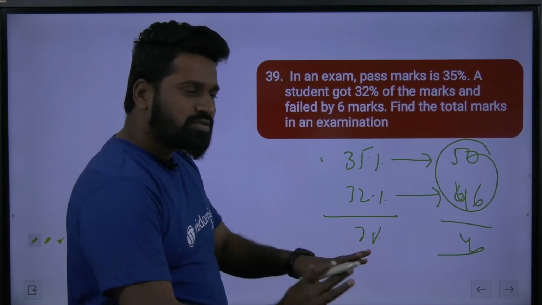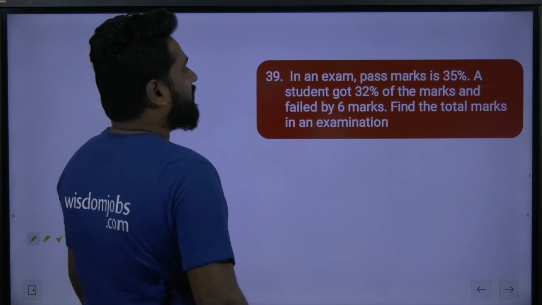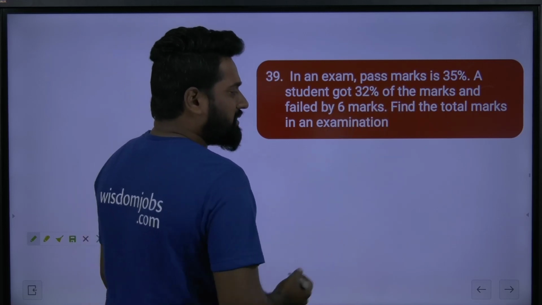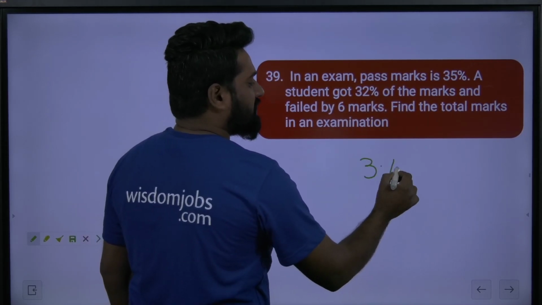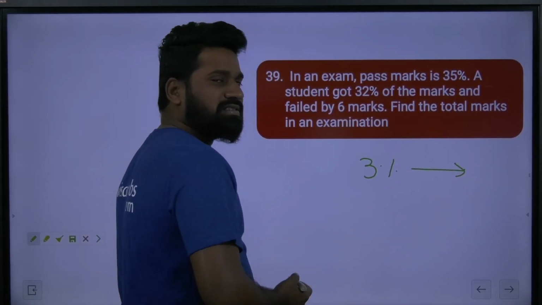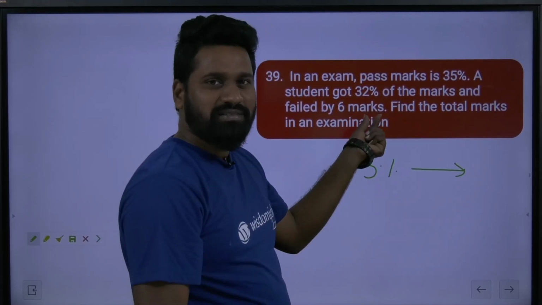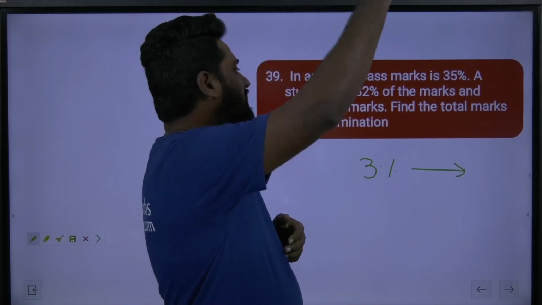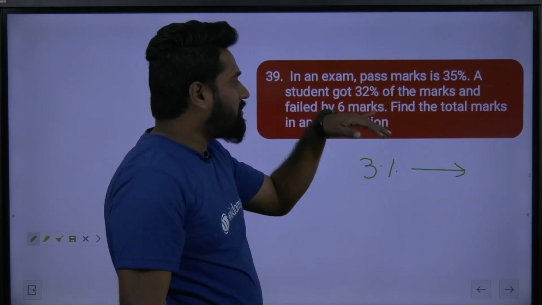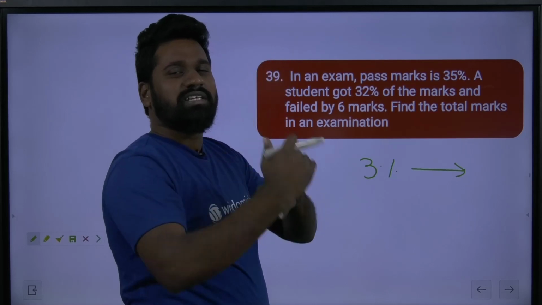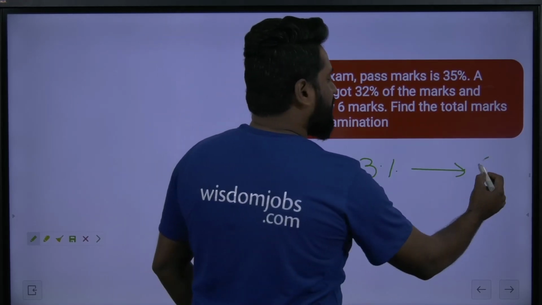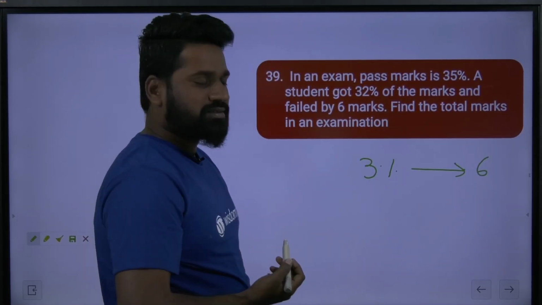Is it clear? So same thing you can apply for this question. Here 35%, 32%, difference is 3%. 3% difference is, here you can take the difference of marks. Here failed by 6 marks is given, because 35%, 32% of the marks, the difference is 6 marks. So directly you can take 3% indicates 6 marks.